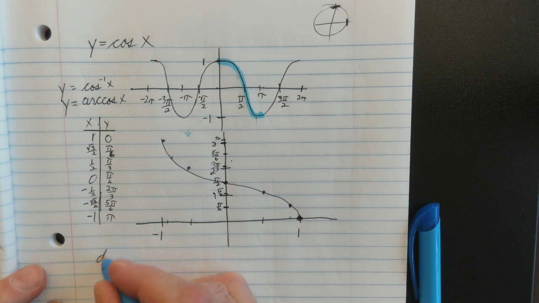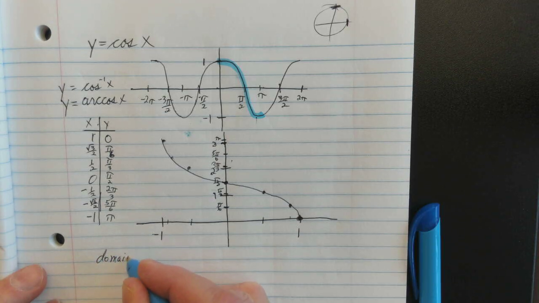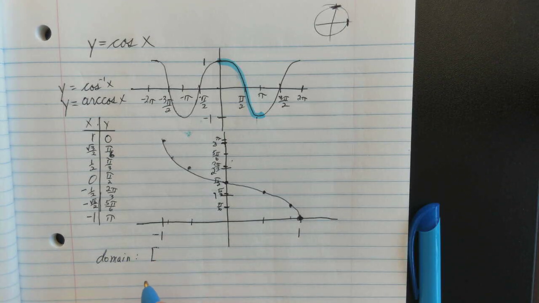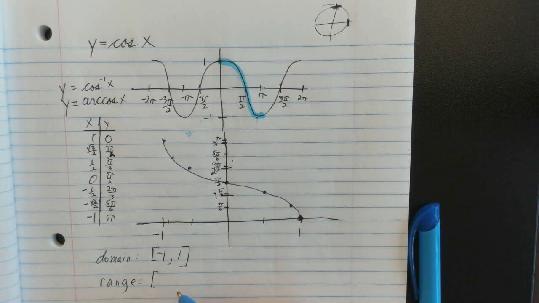Domain. What do you say, guys? Domain. Negative 1 to 1. Same as the domain of sine, isn't it? Range: 0 to pi. Okay. Good.